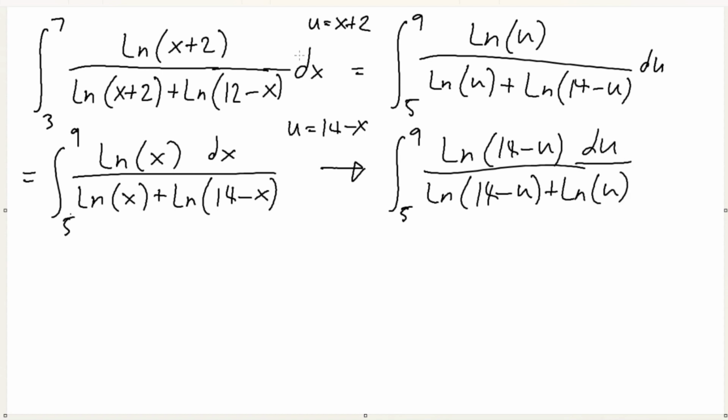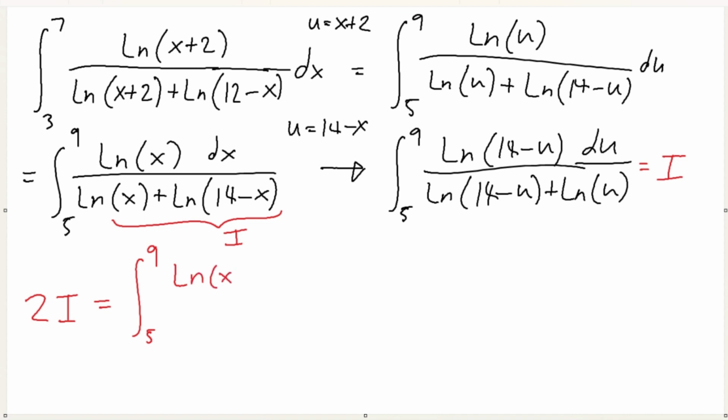And of course, if we let this equal I, this is I, then this is also equal to I. And so what we're doing is we let I plus I, we get 2I. So 2I gives us the integral from 5 to 9 of ln of x. Well, they both have the same denominator, so we can just combine them.